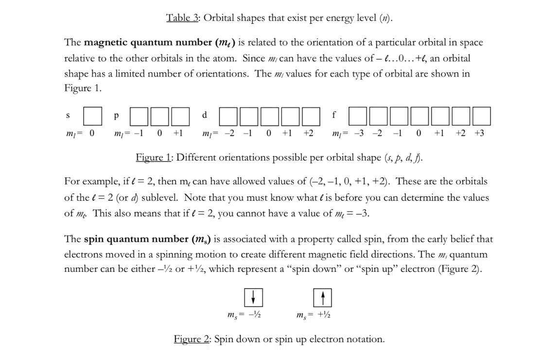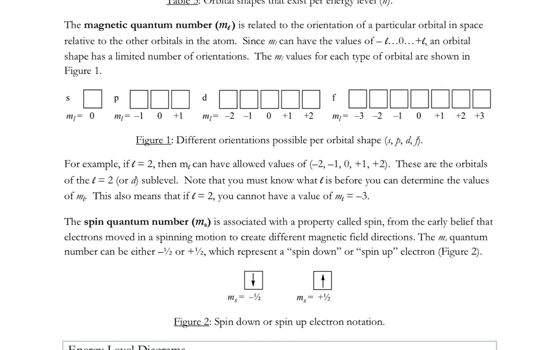The next quantum number, the magnetic quantum number, is limited to values of negative L to 0 to positive L. So when L is 0, so we have an s atomic orbital, m sub L can only be 0. That means when we have an s subshell, we only have one atomic orbital there.